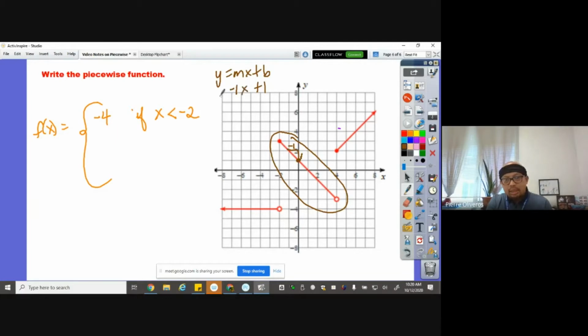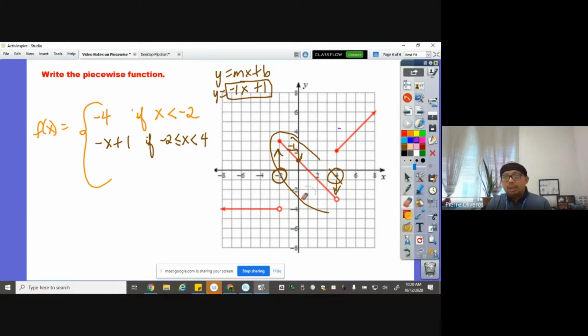So -1x. But we're not going to write the entire equation, just this portion. So it will become -x plus 1. And that's only true from left to right, from -2 up to +4. At -2 it's closed, and at +4 it's open. So it will be from -2 closed and open for the +4.